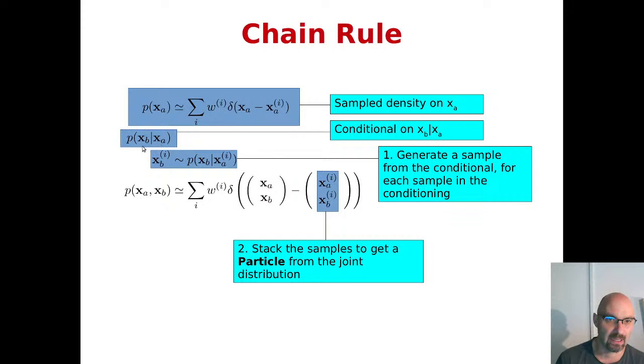I have a conditional distribution p of xb given xa, assuming that I'm able to generate a sample from this conditional distribution.